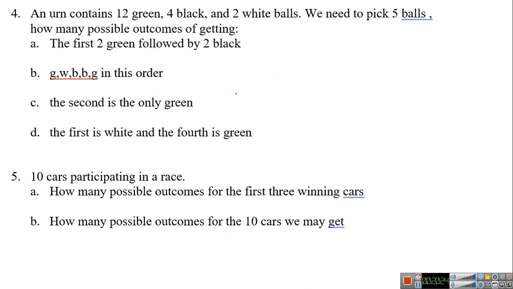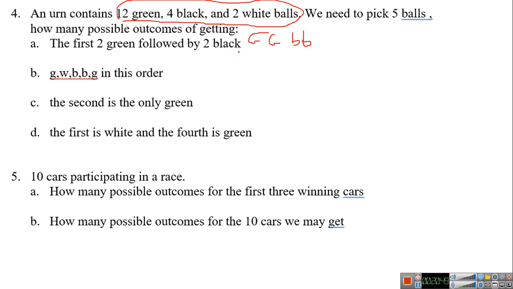An urn contains 12 green, 4 black, and 2 white balls. We need to pick 5 balls. How many possible outcomes of getting the first two green, followed by 2 black, then 1 white? So as you can see, order is important.